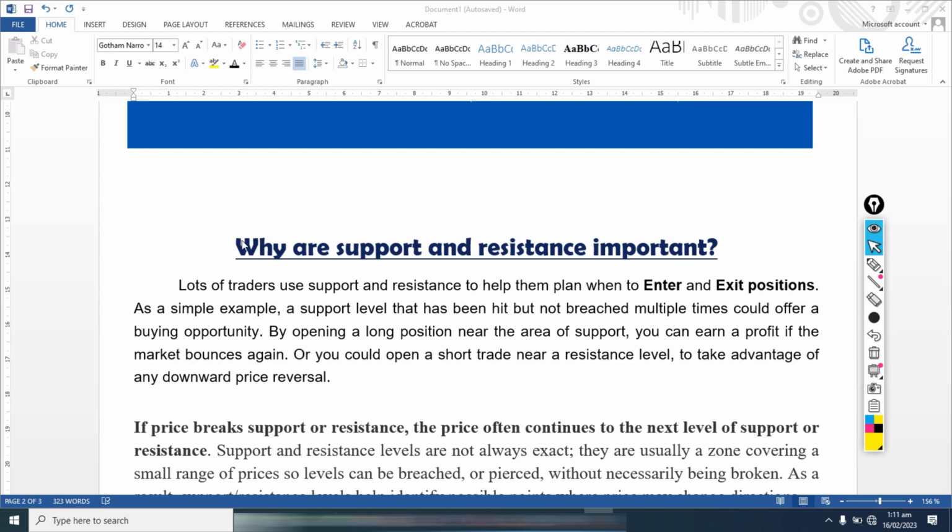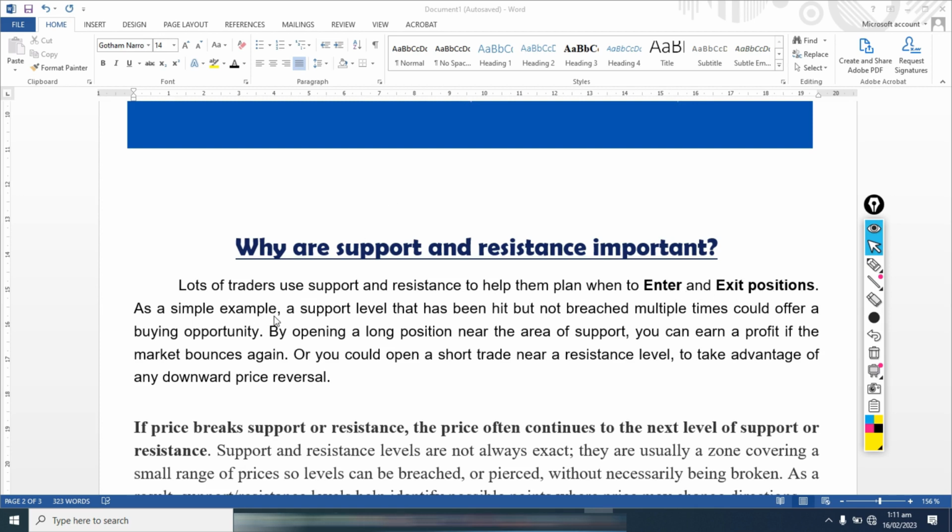Let's do a rundown. Support and resistance are of key importance to forex traders because for one to be successful in trading the forex market, for one to take a high quality trade as a technical trader, you must be able to identify support and resistance correctly and trade them correctly. A lot of traders use support and resistance to help them plan when to enter and when to exit positions.